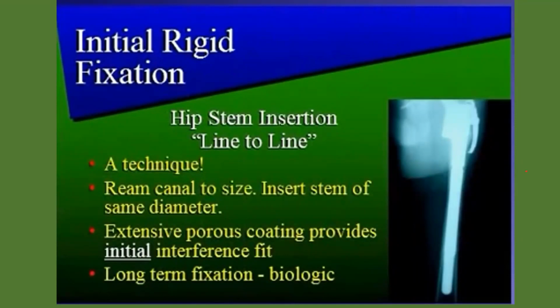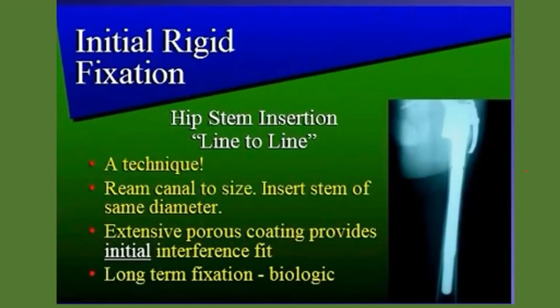Initial rigid fixation, hip stem insertion, and line-to-line. The other type is line-to-line. The type that I discussed of fixation is a press fit. The line-to-line is a technique. You ream the canal to the size, and you insert the stem of the same diameter.